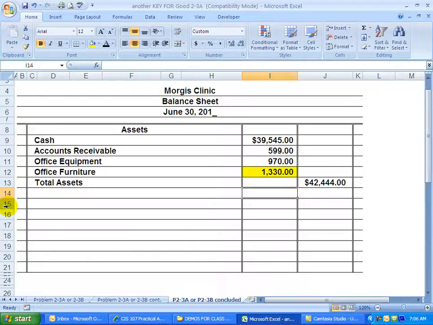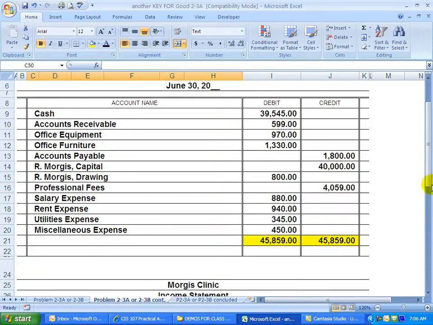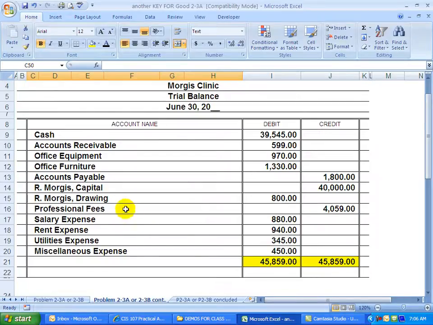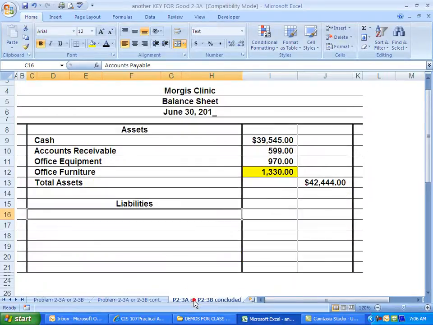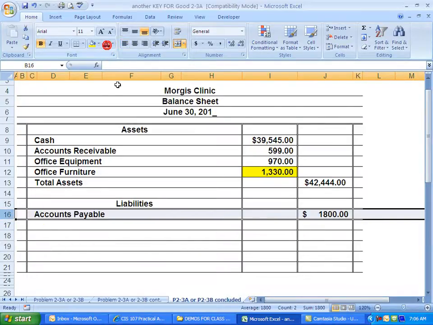So we're going to put assets, liability, and owner's equity on the balance sheet. So this is where we're going to write liabilities, and it's going to be centered also. When you look back at your trial balance, the only liability account you have is accounts payable for $1,800. So we're going to list accounts payable, and because there's just one, we can put it right over here.